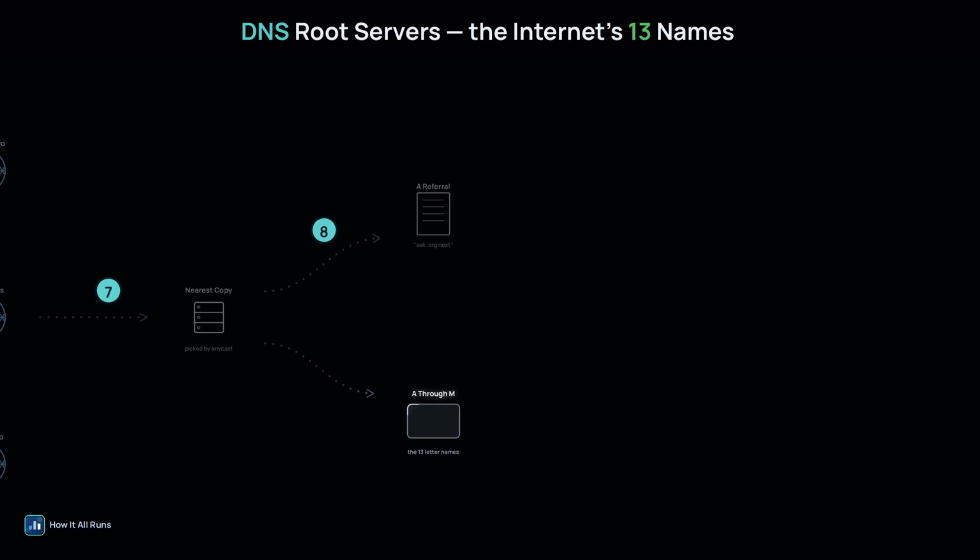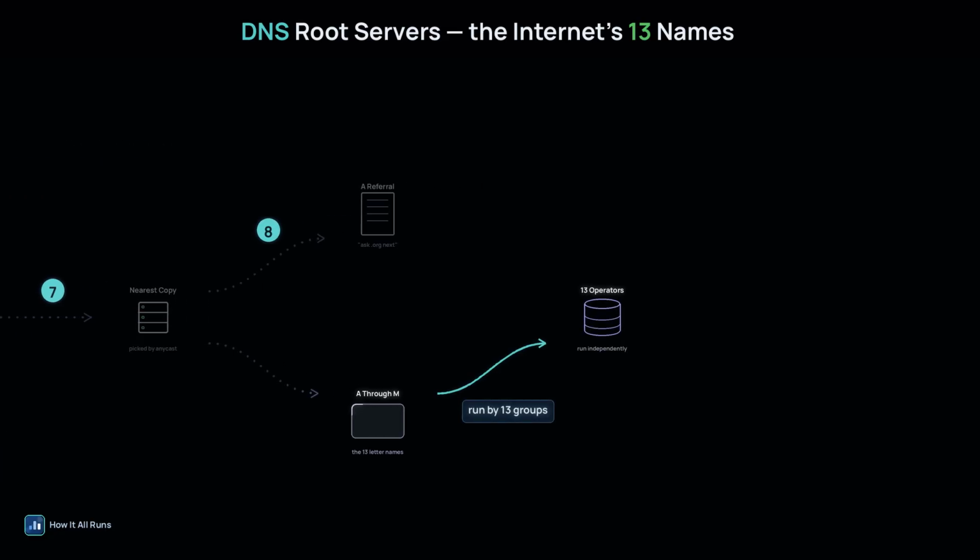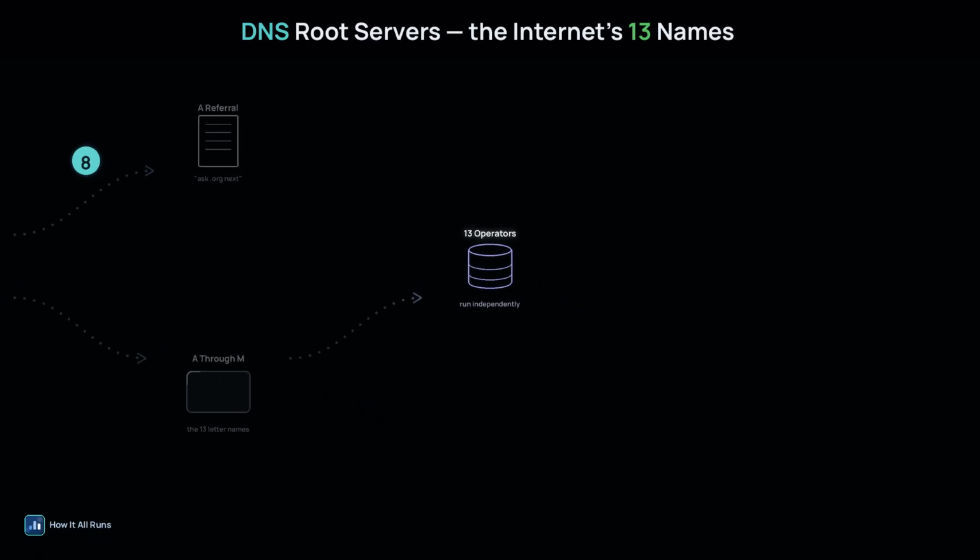Each letter is operated by a different organization entirely, universities, government agencies, and private companies, on purpose, so no single outage or single company failure can take the whole layer down at once. This independence is deliberate redundancy at the deepest layer of the internet. 13 names, hundreds of physical copies, 13 separate operators, no shared point of failure.